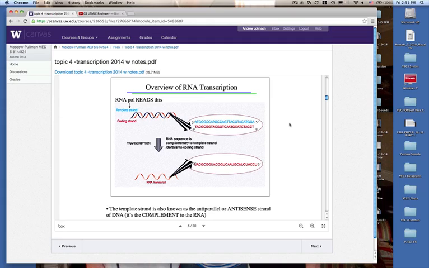So the template strand, think about this, right? This is the strand that's going to be copied. That is the opposite of the mRNA. So what do we know about the mRNA? What is the polarity of the mRNA? Plus. So the template is minus, right? It's the opposite of the mRNA.